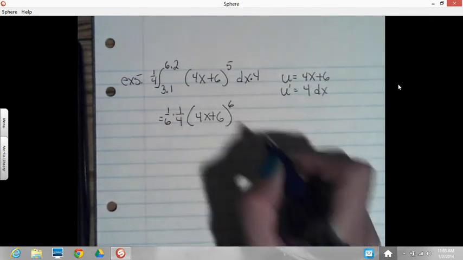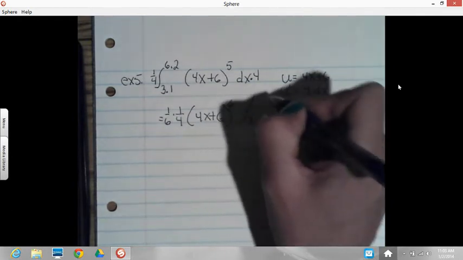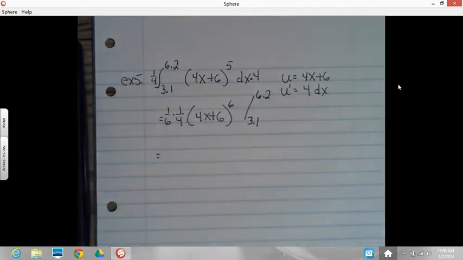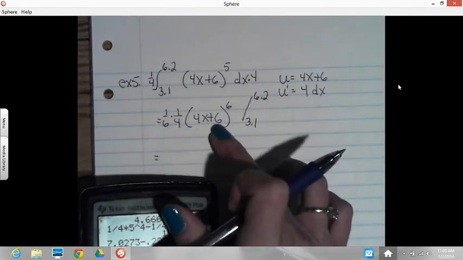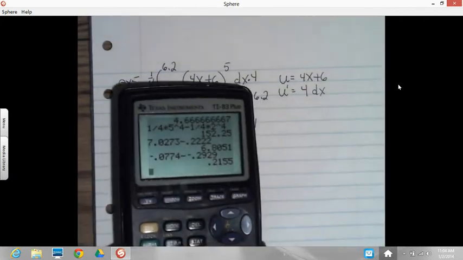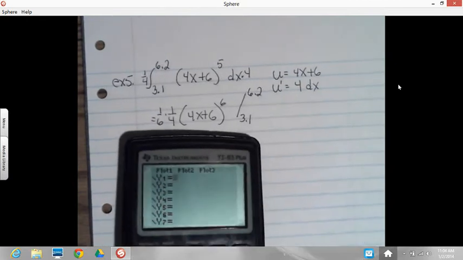No plus c needed because I'm going to evaluate from 3.1 to 6.2. So again, it's your choice what you want to do here. I like using the table because all I've got to do is type this equation in correctly one time. Or here if I plug in, I got to type a whole big line of stuff correctly. So this is my preference for evaluating.